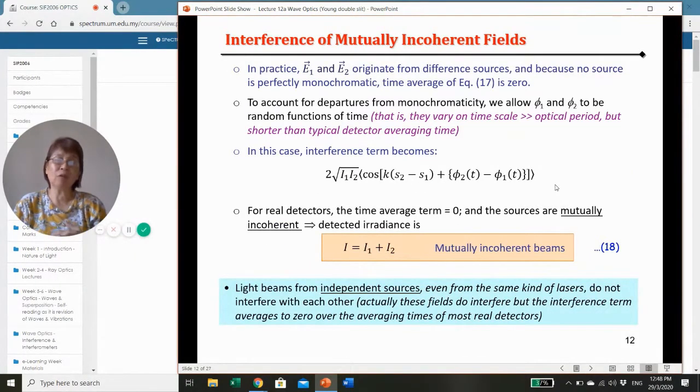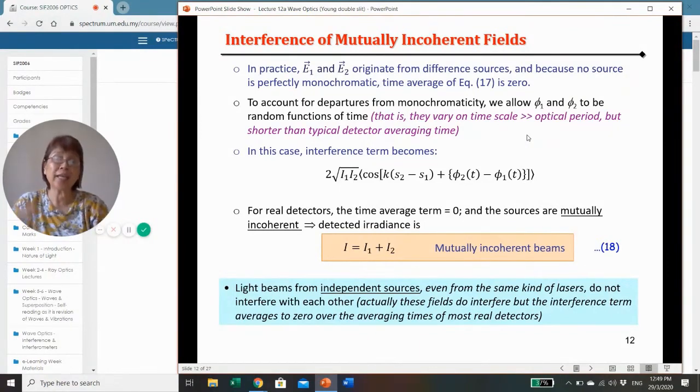To account for this slight departure from monochromaticity, we will allow phi 1 and phi 2, which are the initial phases of wave 1 and wave 2, to be random functions of time. That means they vary on a time scale which is much larger than the optical period, but still shorter than the typical detector averaging time.